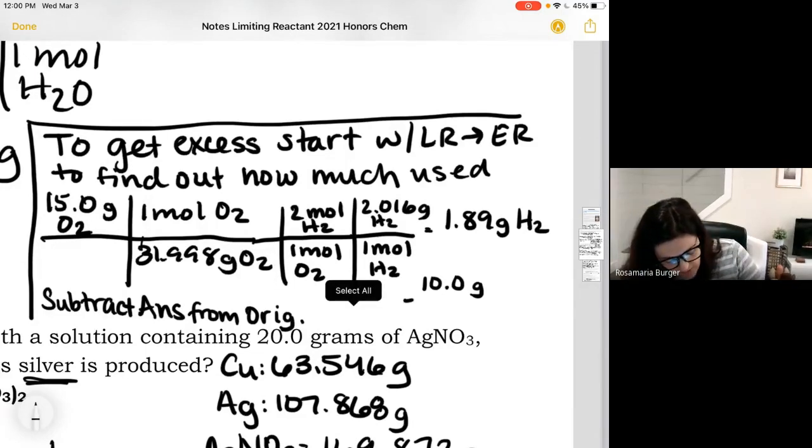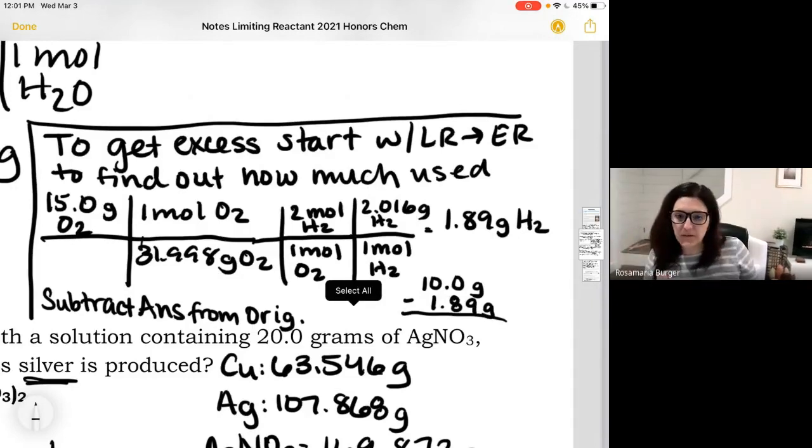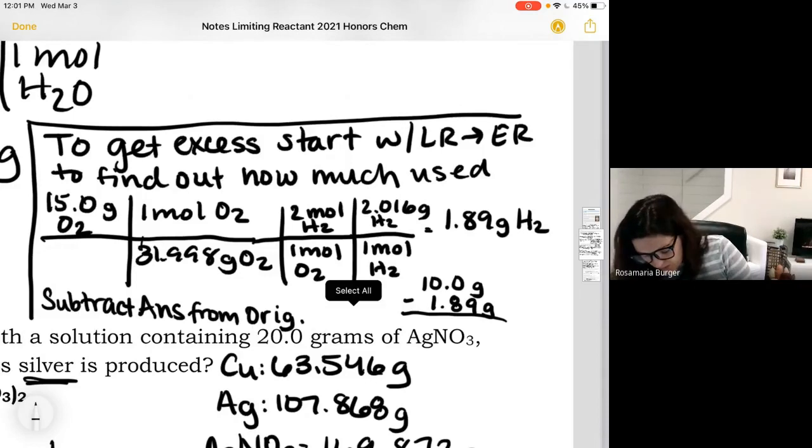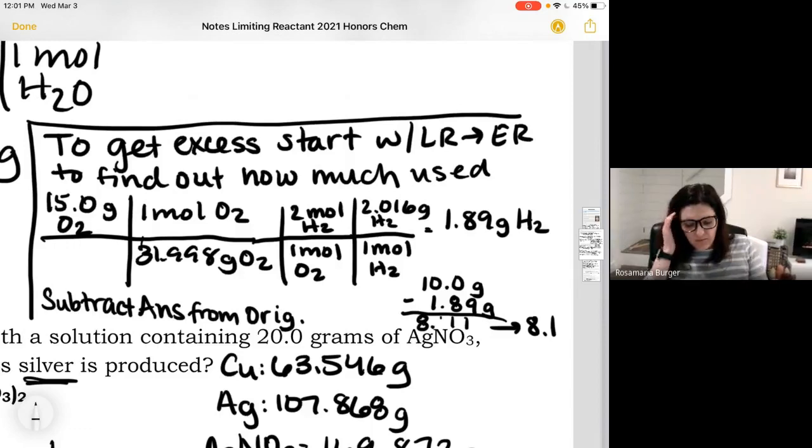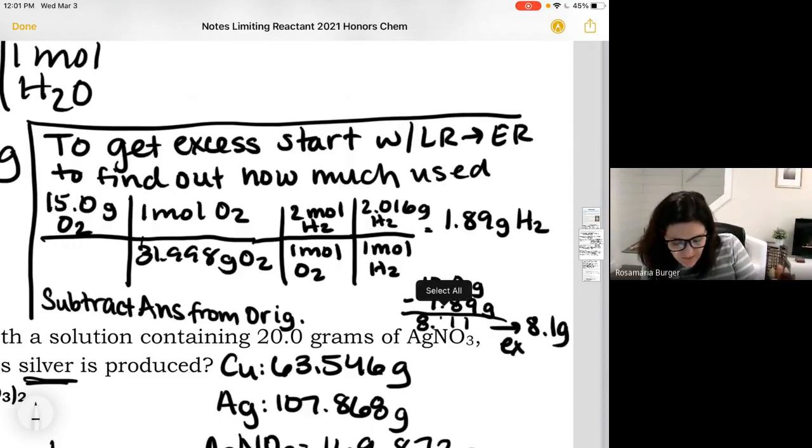We're going to subtract 1.89. And remember, sig fig wise, we have to round to the tenths place because that's as far out as the 10.0 goes. So we're going to do 10 minus 1.89. It's going to get us 8.11, which we're going to round to 8.1. Okay, so we have 8.1 grams of excess H2.